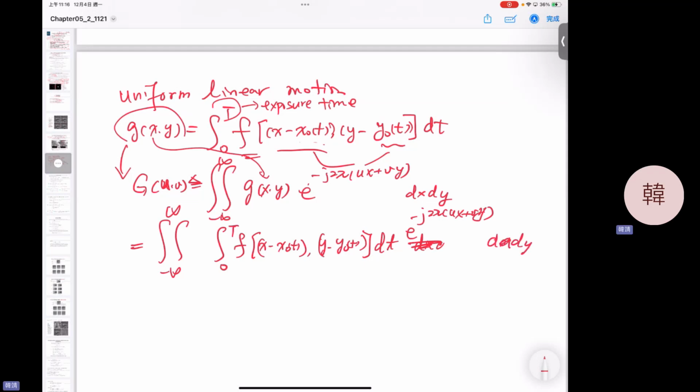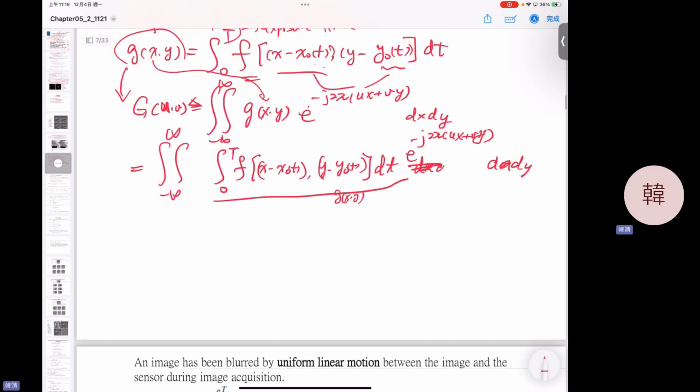Right, so inside you just put the g of xy here and then transform. So it's all the basic definition for this image, and we look at it in the Fourier domain.